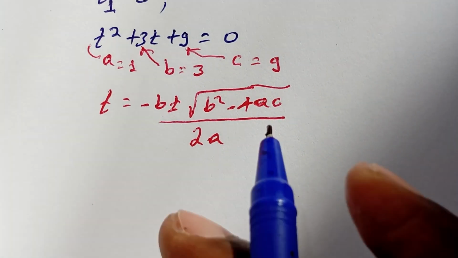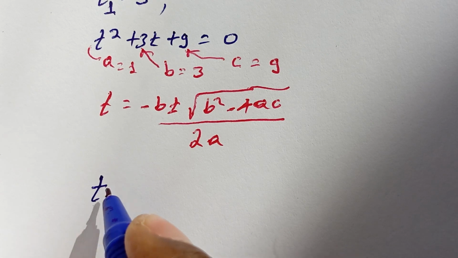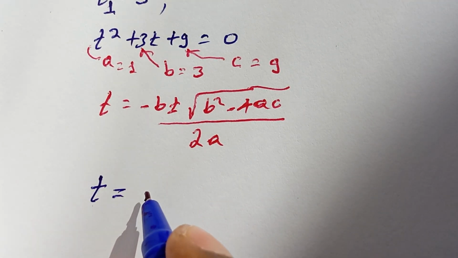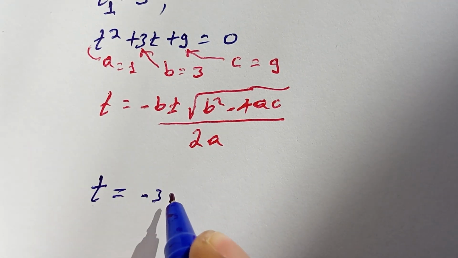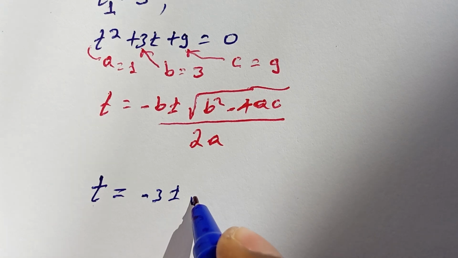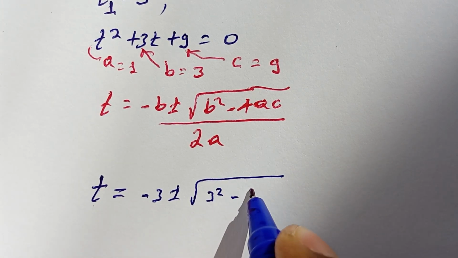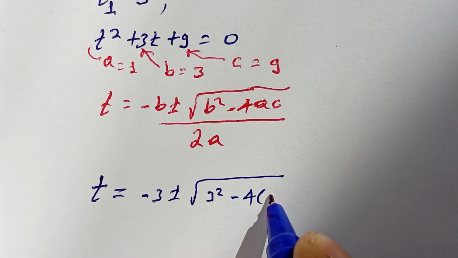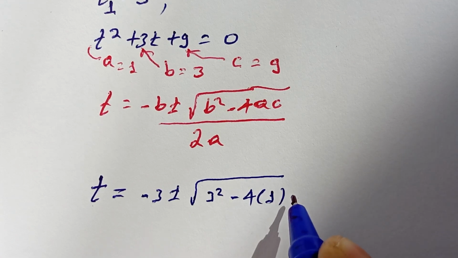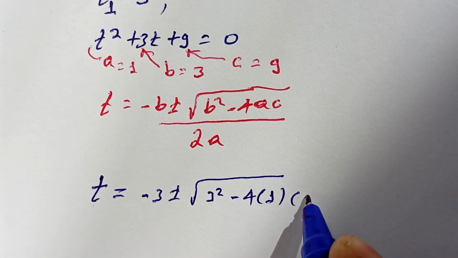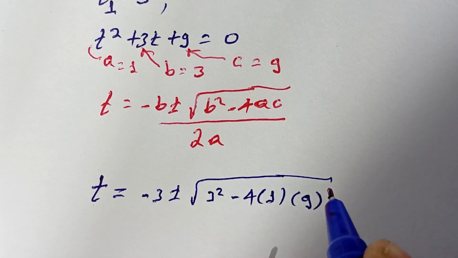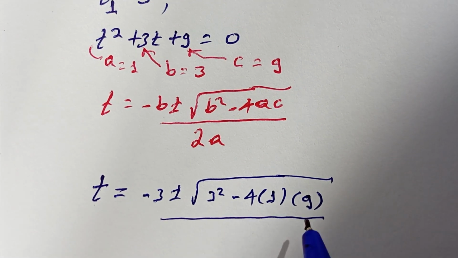Based on this, t is equal to minus b, minus 3, plus or minus the square root of b squared, 3 squared, minus 4 times a, which is 1, and c, which is 9, over 2a, 2 times 1.